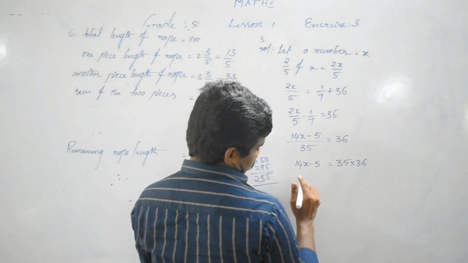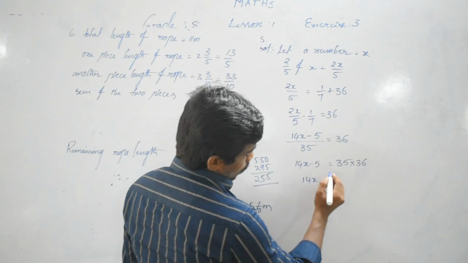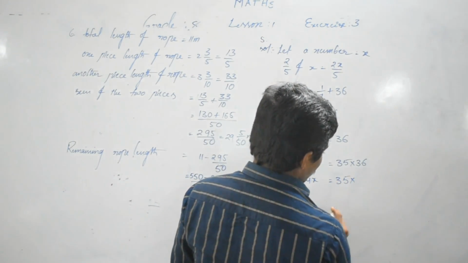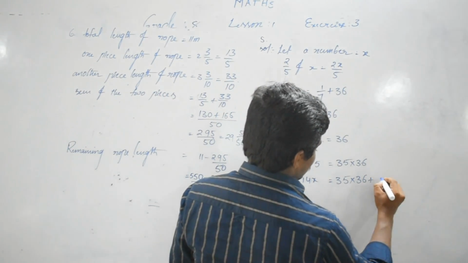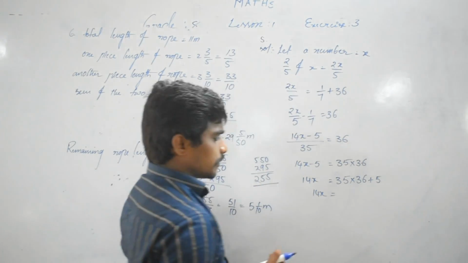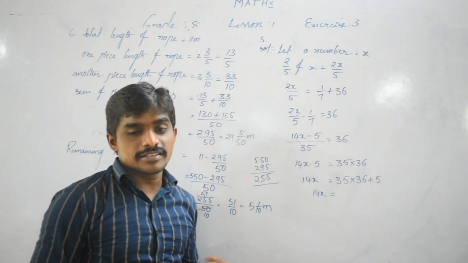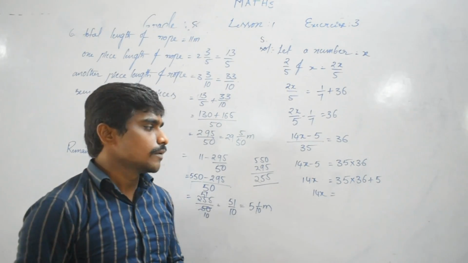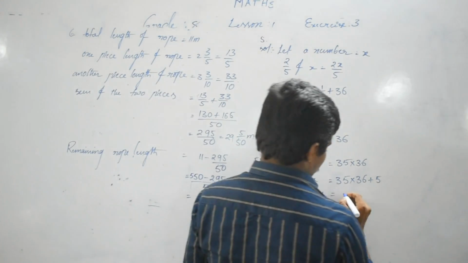Now here 14x, 35 into 36, plus 5. 14x equals 35 into 36. 35 5s are how much? 1225 plus 30, 1260, 65.